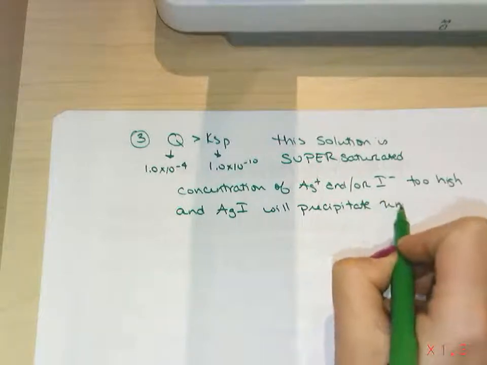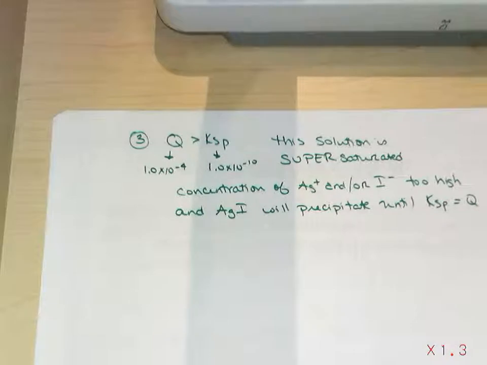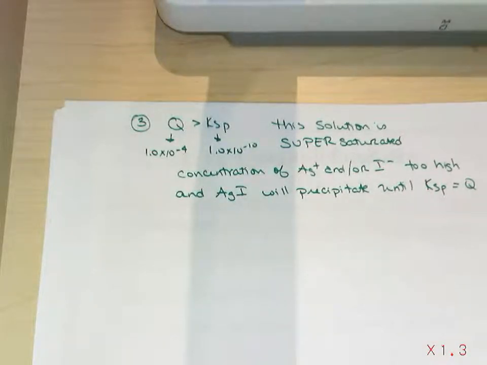So this is the point where you'll actually start to form solid. You'll see precipitates fall out of solution, until we get back to the point of equilibrium.